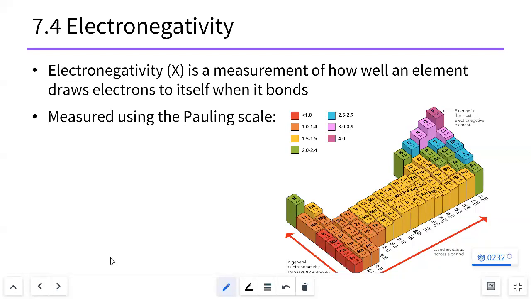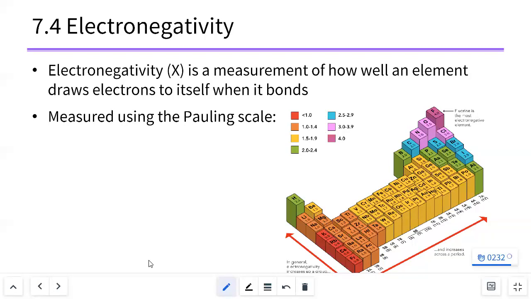So our general trend here with electronegativity is as we go toward fluorine on the periodic table, we tend to see more electronegative elements. As we go away from fluorine toward francium, we tend to see less electronegative elements.